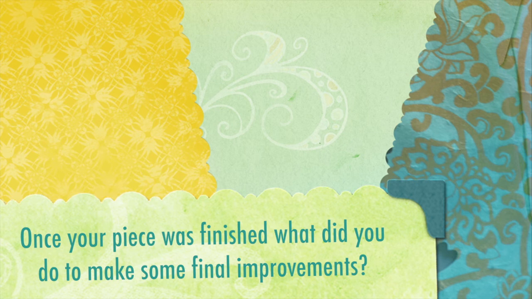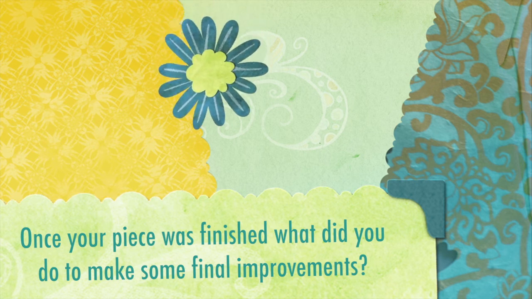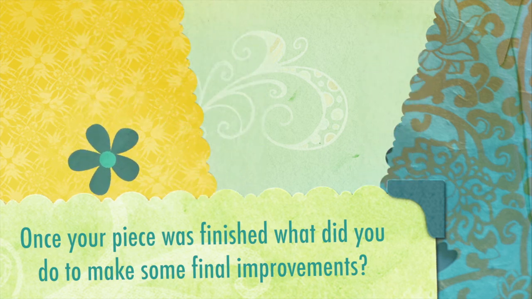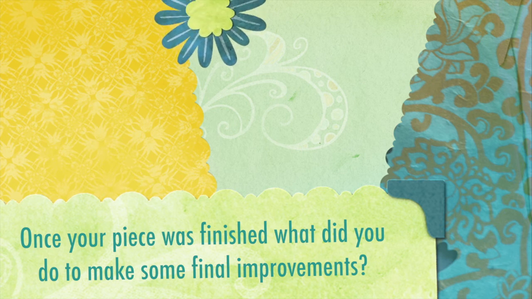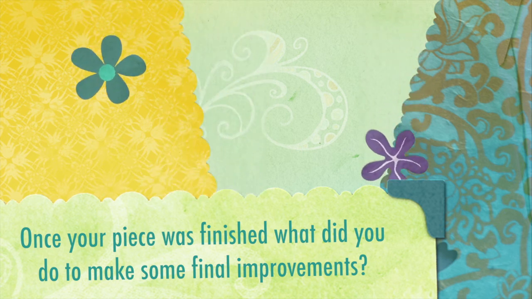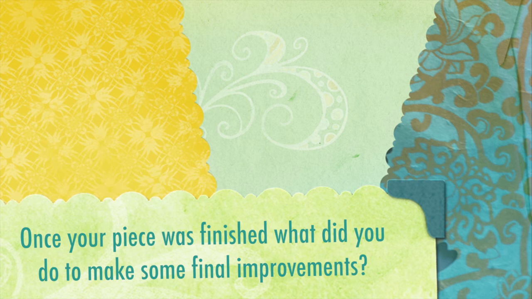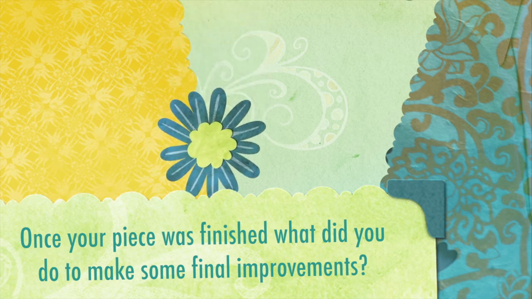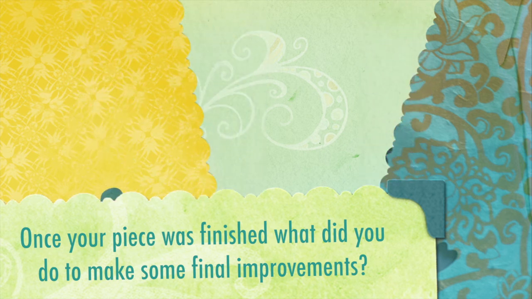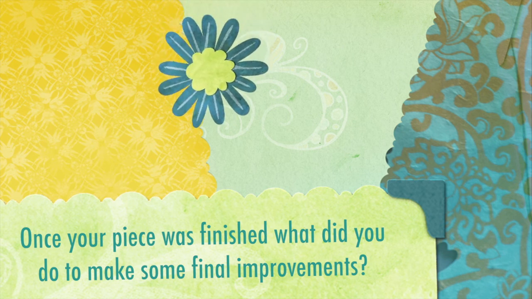Often they are things to do with staging, lighting, sound. The transitions between scenes are often something that gets worked on at the very last moment. So you need to really think back to the piece and the final tweaks that you made.